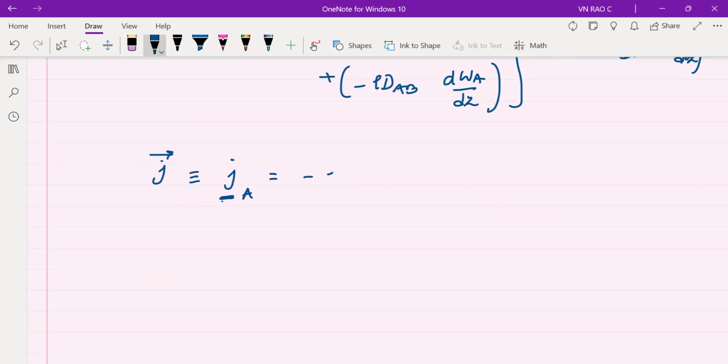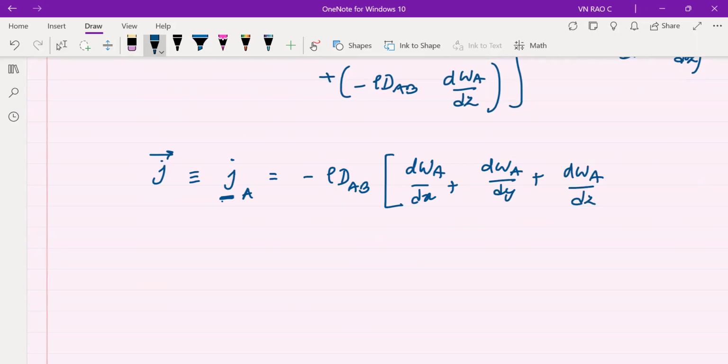This is equal to minus rho D_AB. We are left with dW_A by dx, dW_A by dy, dW_A by dz. Rather, putting it in the partial derivative form is actually what we are writing.